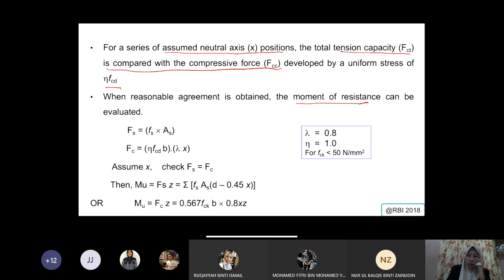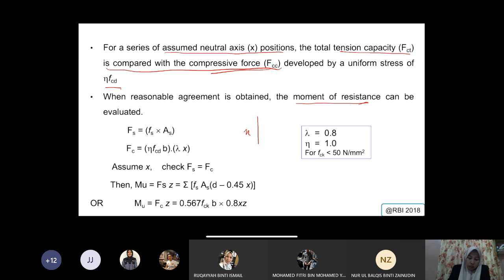So actually there is a trial and error in this calculation because we don't know the neutral axis height, the x, that will provide tension capacity equal to compressive force capacity. Because once it's equal, then it shows that that will be your maximum value for your moment resistance.